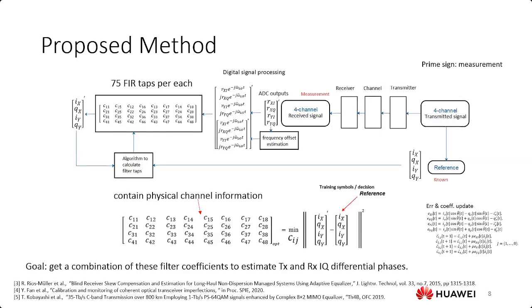And these 8 inputs will be convolved in time domain with a filter bank, which is a 4x8 equalizer, and each of the coefficients consists of 75 FIR taps.